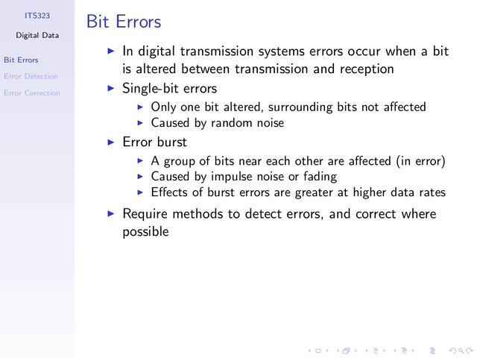I don't know, some electrical fault in our communication system, a lightning strike, some computer fault. So there's a large amount of noise, and then it comes back to very small. This may cause a burst of errors. And importantly, the faster we're sending bits, the more errors are going to occur. The more bits will be affected.